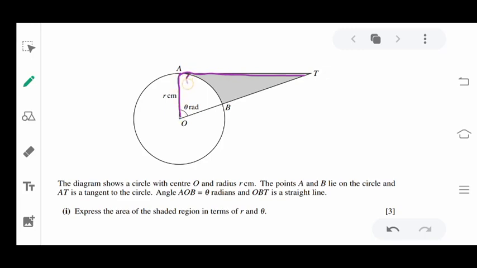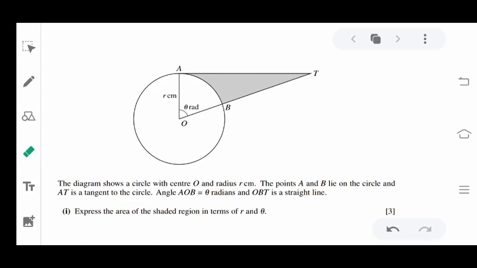So make sure angle A is 90 degree, because a tangent is perpendicular to the radius through the point of contact. And angle AOT, that means angle AOB, is theta radian and OBT is a straight line. Yes, these are the things given in the question.